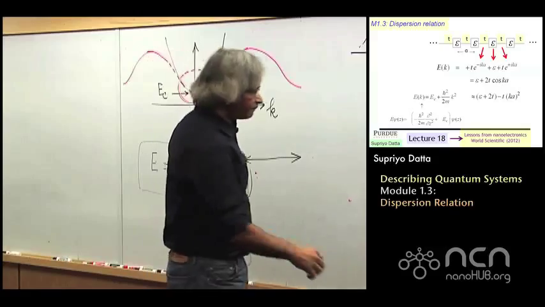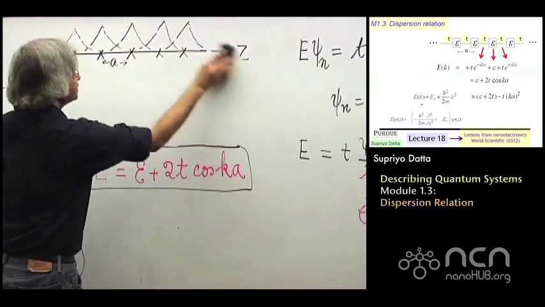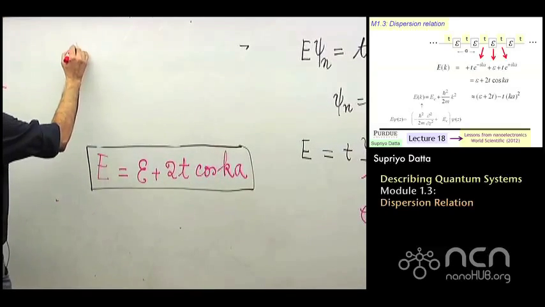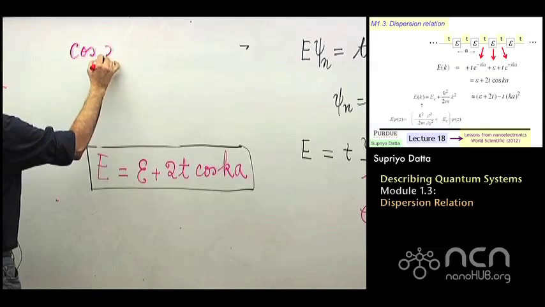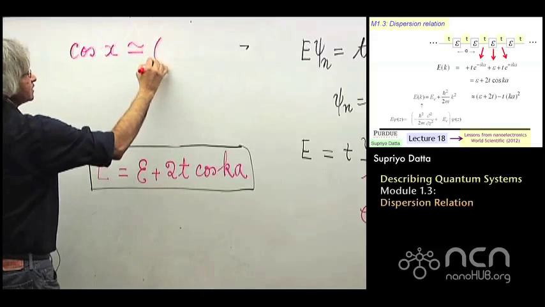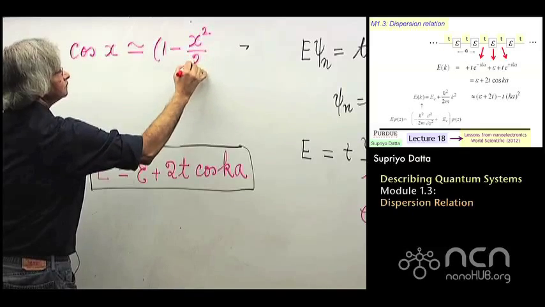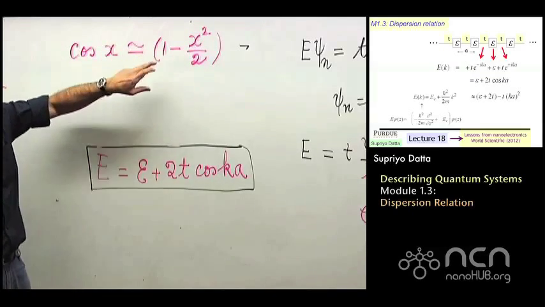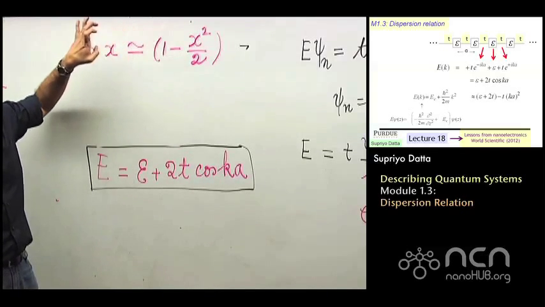And that is where, let's go back to this cosine. What you use is, I guess you'd call it a Taylor series expansion, which is that cosine of x for small x can be written as 1 minus half x squared. This is of course not exact, but for small x, it describes the cosine function quite well.